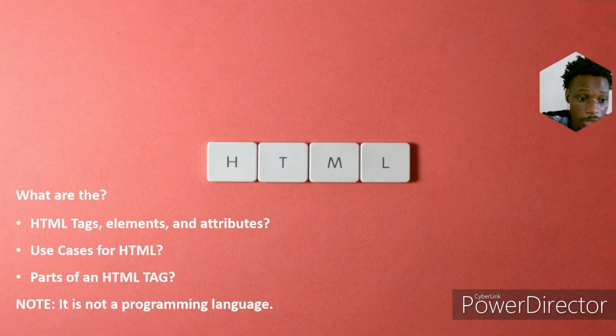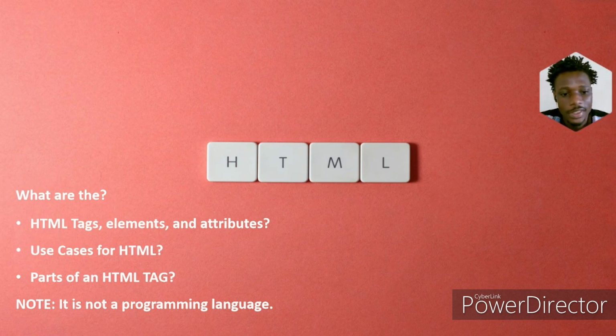Before we move on into our text editor, which is the VS Code, let me quickly explain the second question and the third. Okay, what are the use cases for HTML? This is a question relating to what HTML is used for. HTML, as we all know, or as I have shown you, is used to develop or build a web application or a website.